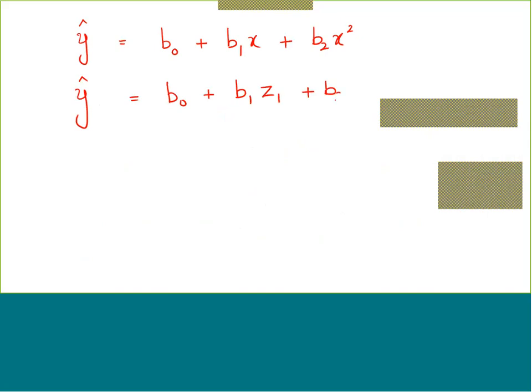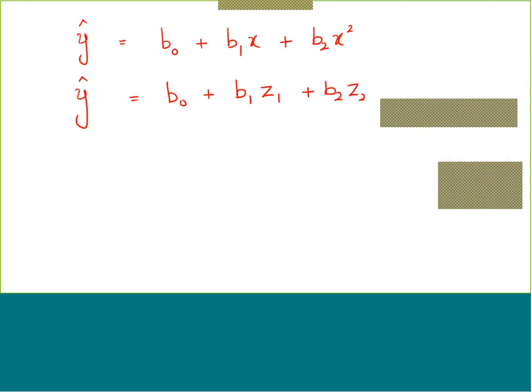What model am I asking you to fit? y crown is equal to b naught plus b1 x plus b2 x square. But I am treating it as a multiple linear regression model, y crown is equal to b naught plus b1 z1 plus b2 z2.